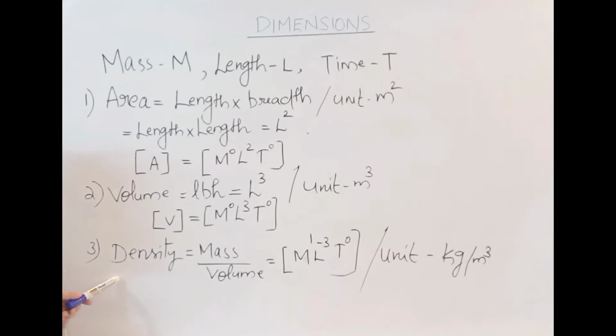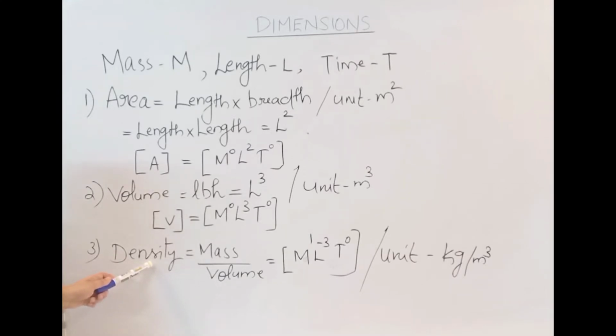What is the equation for finding density? Density is equal to mass by volume. Right. So if we know the unit, we can easily find the dimension. What is the unit of density? Kilogram per meter cube. Then how can we directly find the dimension?